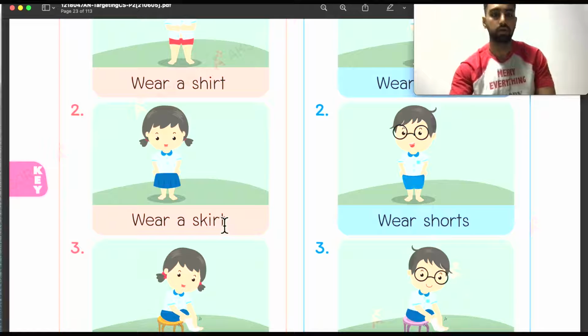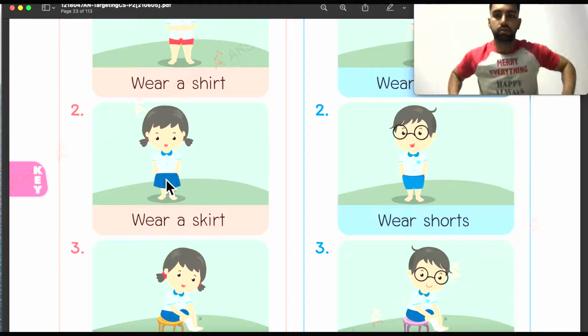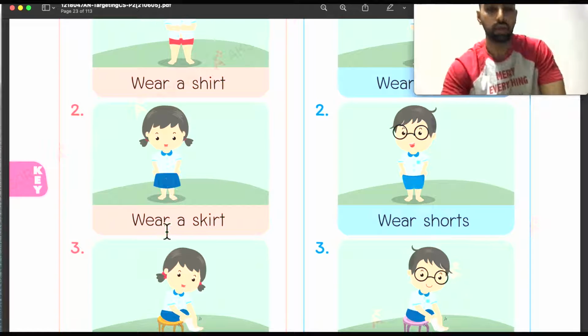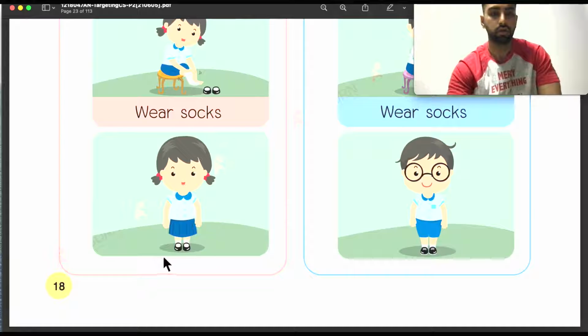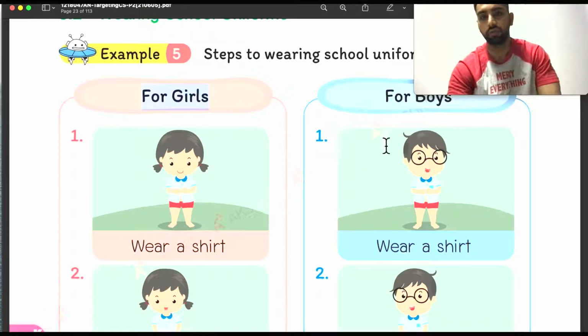Number 2, wear a skirt. And then wear socks. Number 4, she's ready.